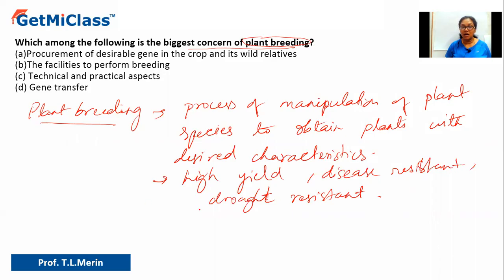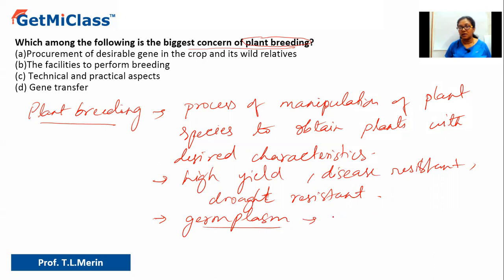So that is done by plant breeding technology. Now, to start with the plant breeding method, whatever the method is, whether it is classical breeding or any other method, the first requirement is nothing but the gene pool, or you can say the germplasm. So what do you mean by germplasm?